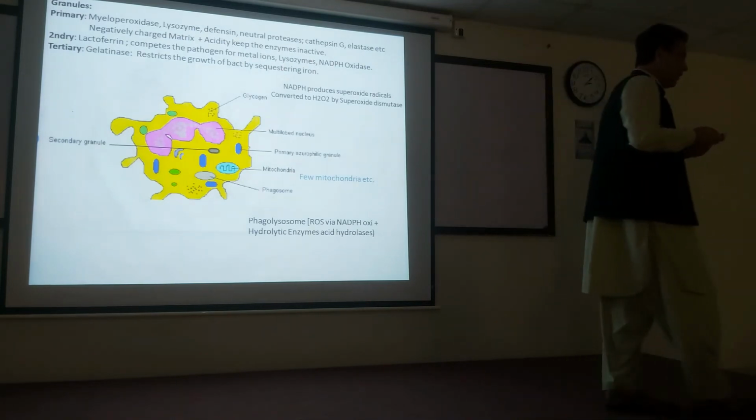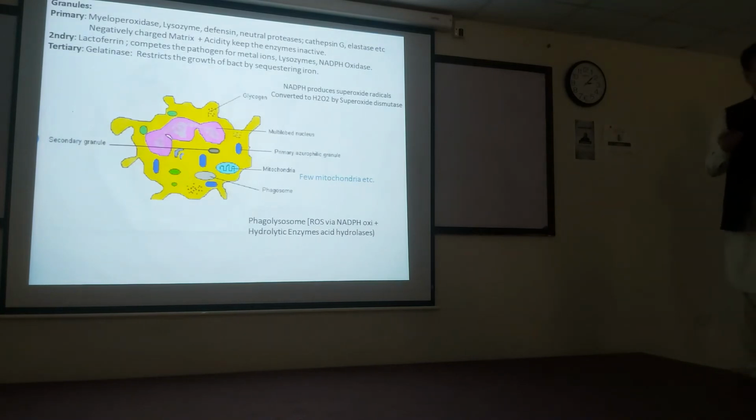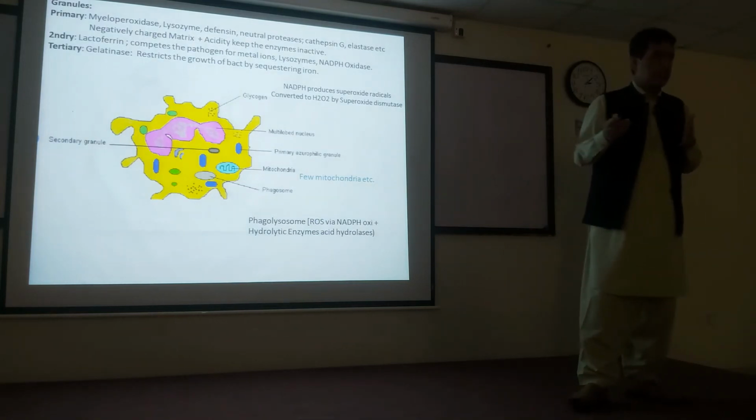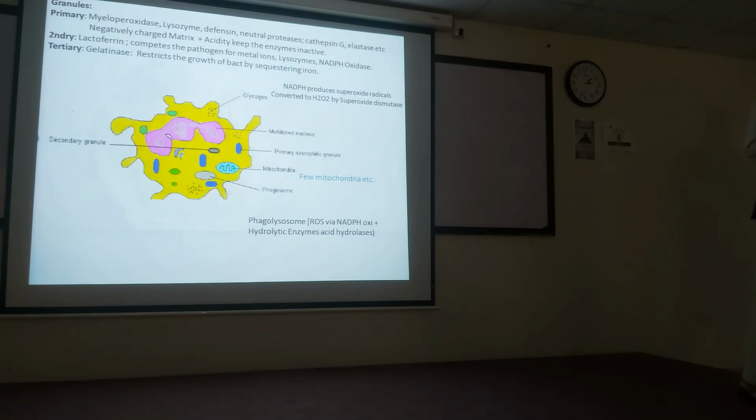The enzymes inside these granules should be in inactive form, okay, and they should only be activated when there is some situation, when there is infection, for instance, a pathogen against which they can use these particular enzymes. So this is the strategy of the cell to protect itself using the pH gradient, and the pH would either turn the enzyme active or inactive, depending upon the situation.